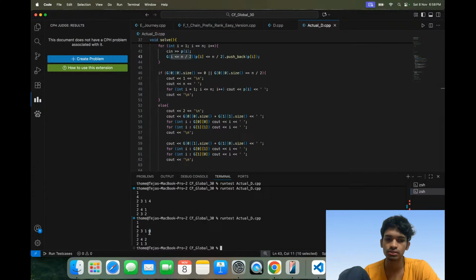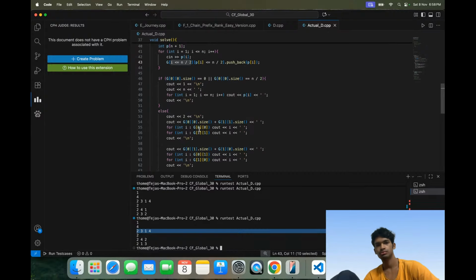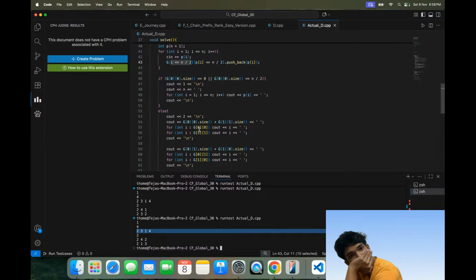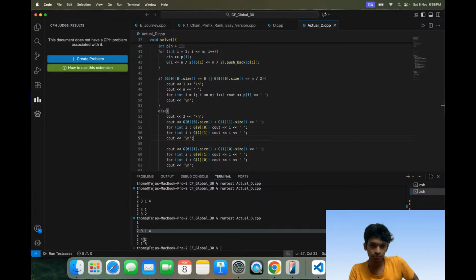How does 4 come here? So it means g of 0, 0 is being 4.